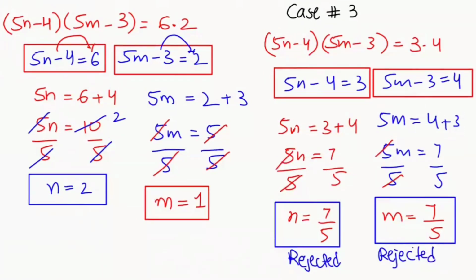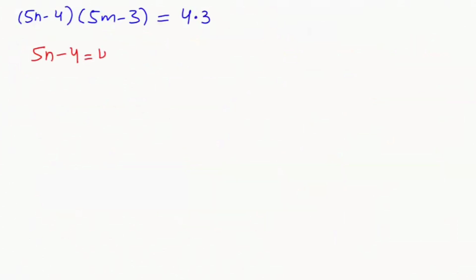Now I will take the other factor of this, 4 times 3. 5n minus 4, 5m minus 3 is equal to 4 times 3. Now we're going to compare here. 5n minus 4 is equal to 4, 5m minus 3 is equal to 3.